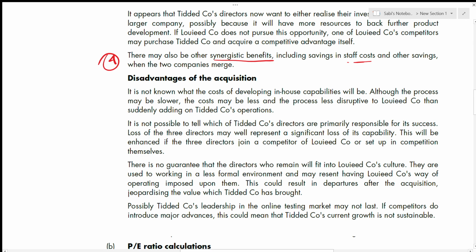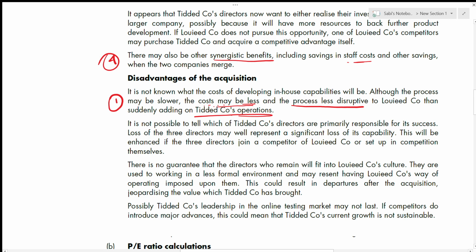They are saying it is less costly than going for an acquisition. So this is the first disadvantage: cost may be less and the process less disruptive, even though the process may be slower.